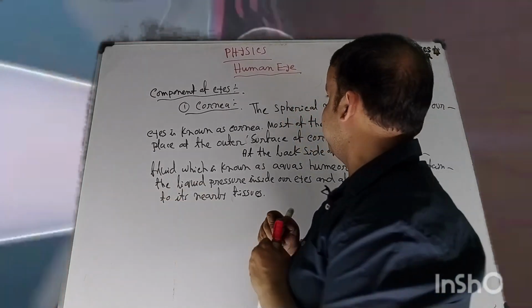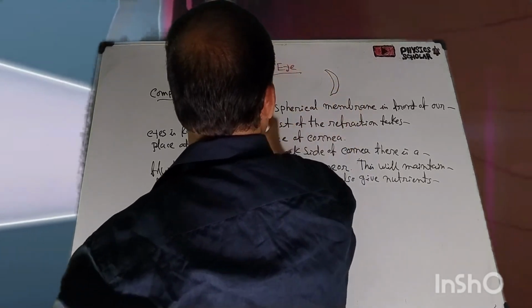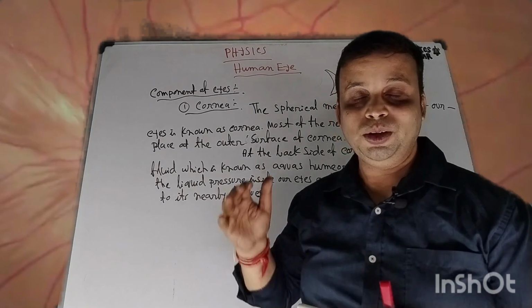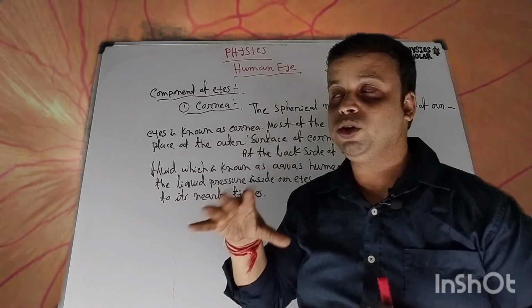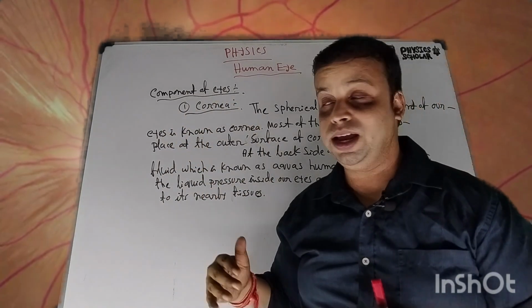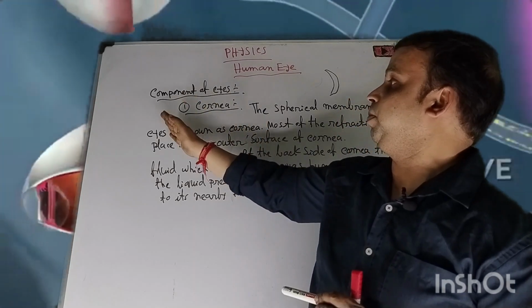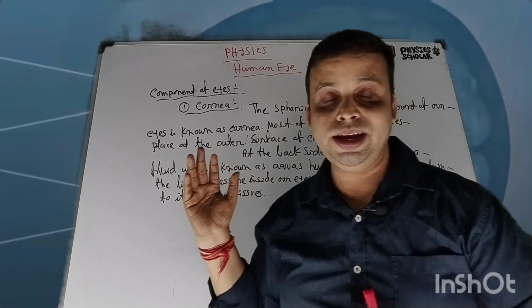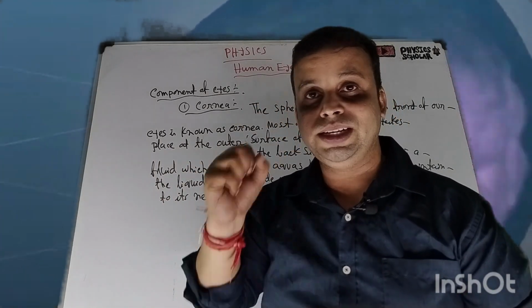So what is the cornea? The spherical membrane in front of our eyes is known as the cornea. Through the cornea the light enters and is refracted. Most of the refraction takes place in the cornea. At the back side of the cornea, there is a liquid known as aqueous humor, which maintains the liquid pressure inside our eyes.